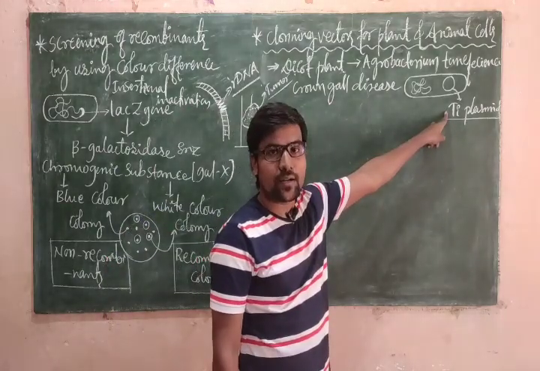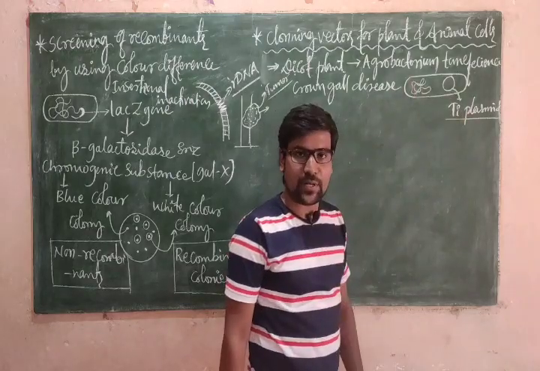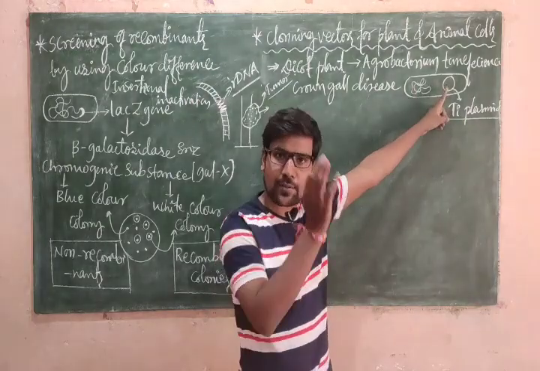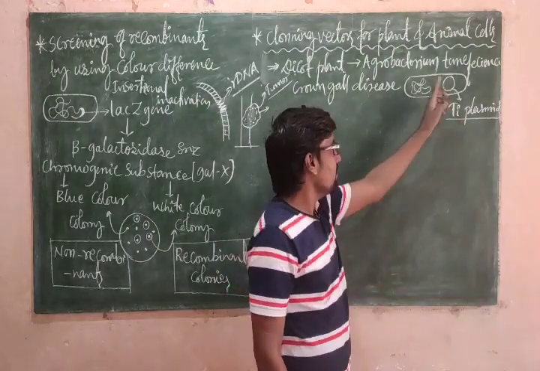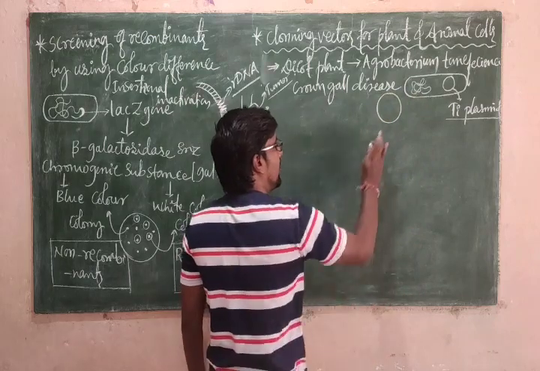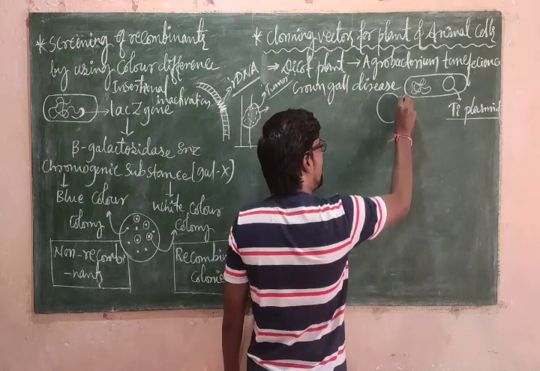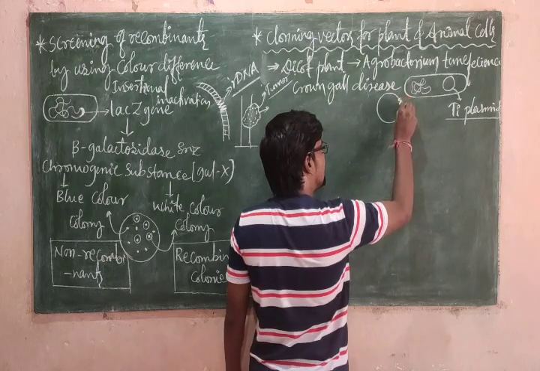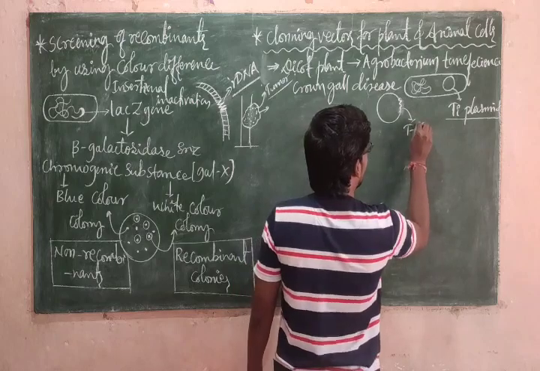T means tumor, I means inducing. Tumor inducing plasmid. This is the natural plasmid already present in the bacteria. In this tumor inducing plasmid, one special DNA part is present, and this DNA is tDNA.